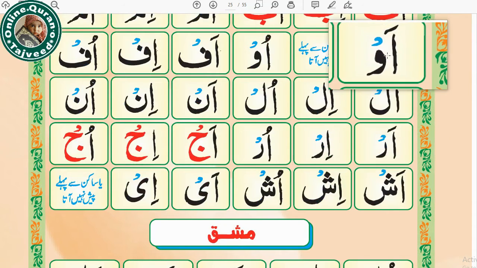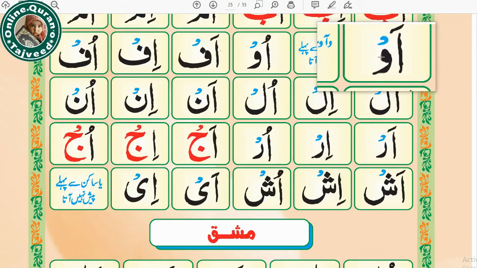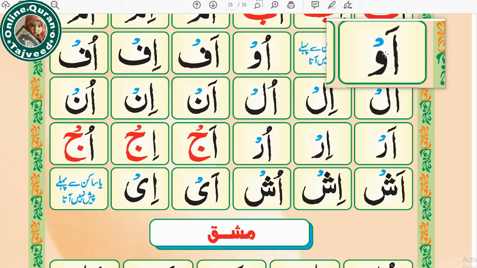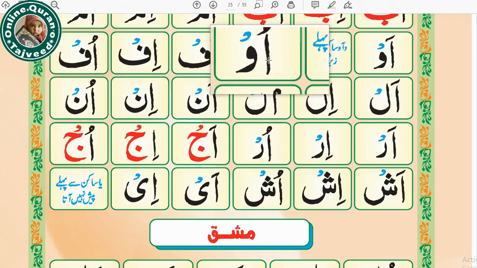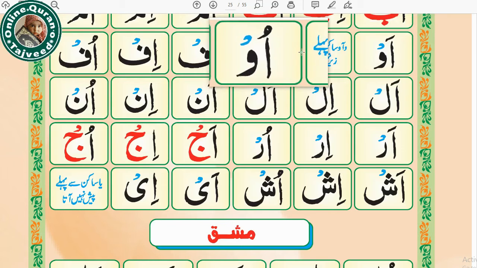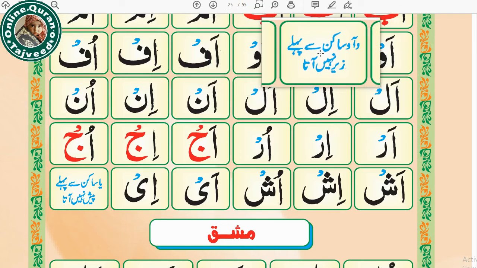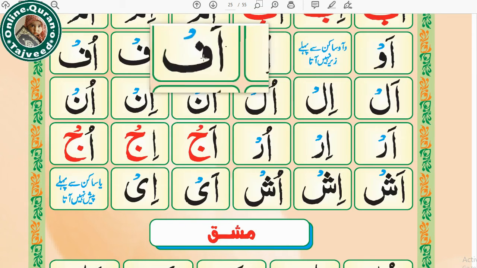Now, Aw, because we read in lesson number 9 about Waw Lin and Ya Lin, so that is Waw Lin, because before Waw there is a Fatha sign. So, Aw and U. There is no Waw with Kasra, like Alif does not take Kasra there, so that's why we will not say it.